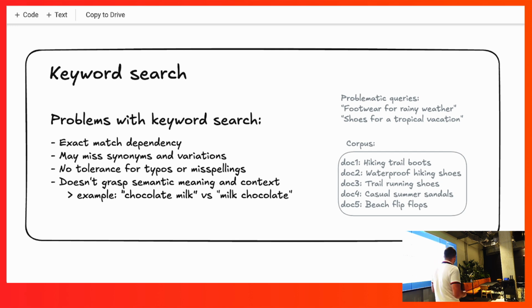We have a small corpus here with just a few documents, but you can see some problematic queries for keyword search systems, like footwear for rainy weather. When I enter this query, I would expect to get waterproof hiking shoes, for example, but I won't get it because there is no keyword match between them.